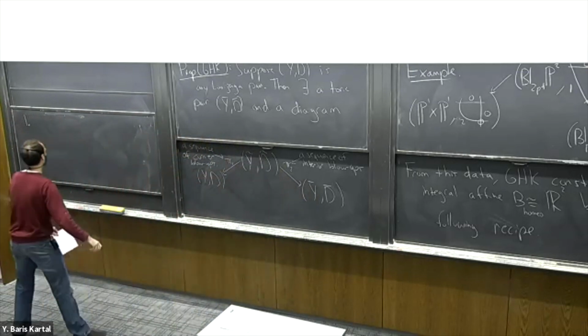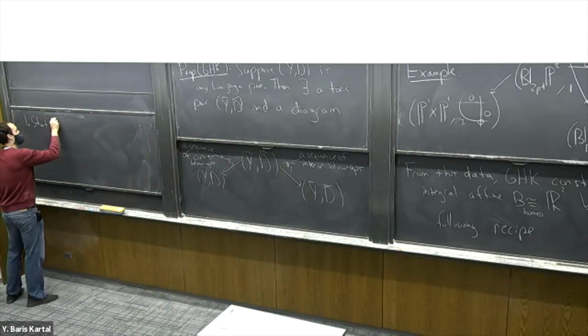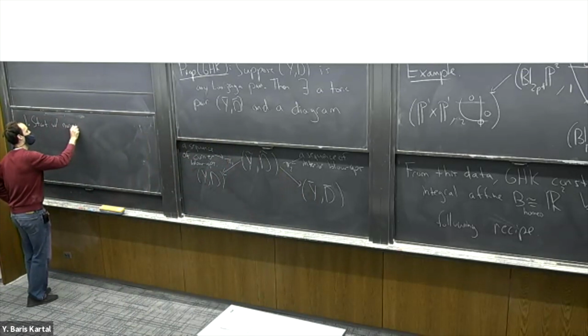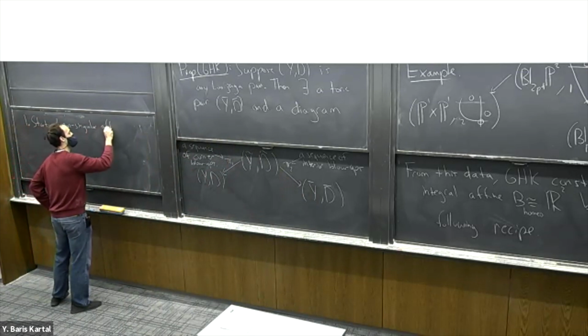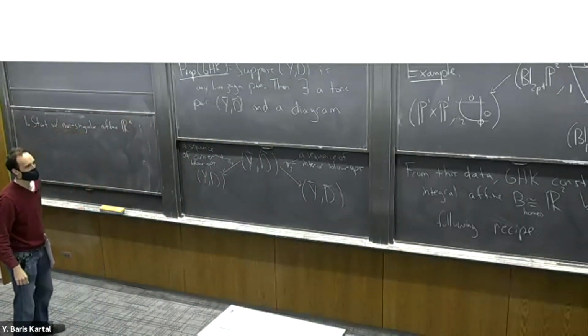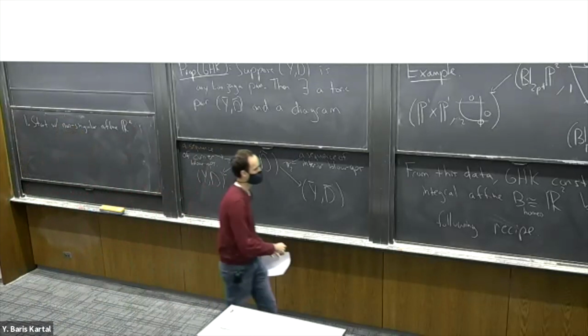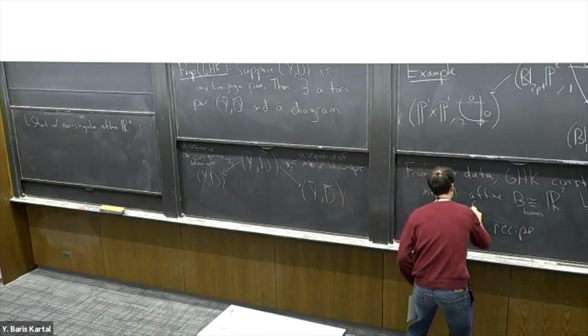Okay, so one, you just start with the non-singular affine R2. Sorry. You also, in addition to this, you also get a fan.